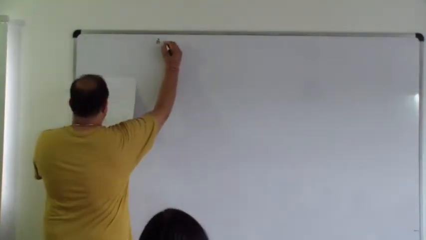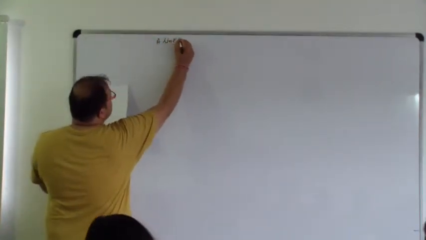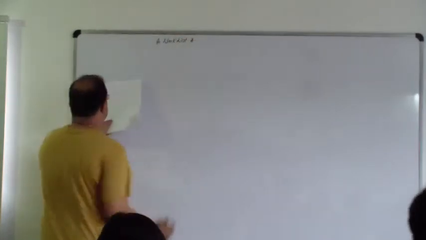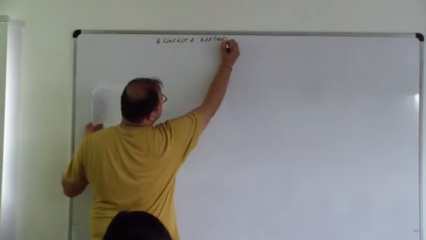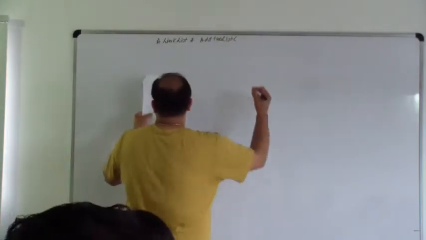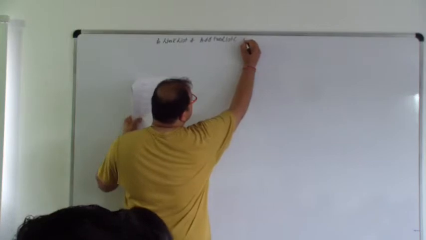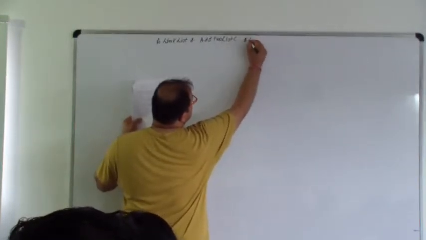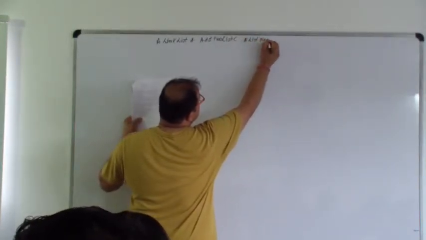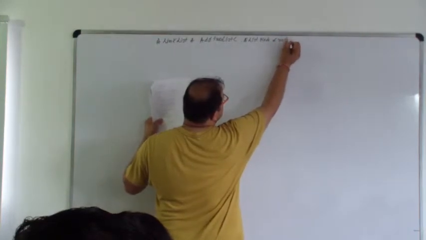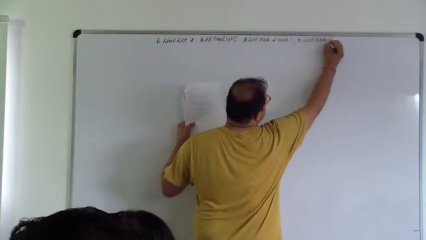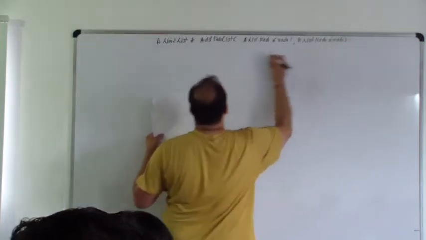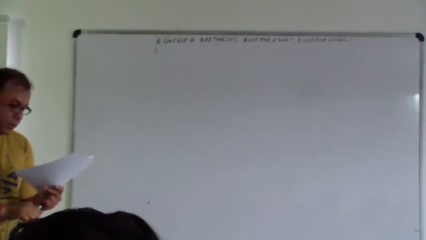So a linked list star add to list, and it is taking a list node star node 1 comma a list node star node 2. So it's taking 2 nodes. Okay.